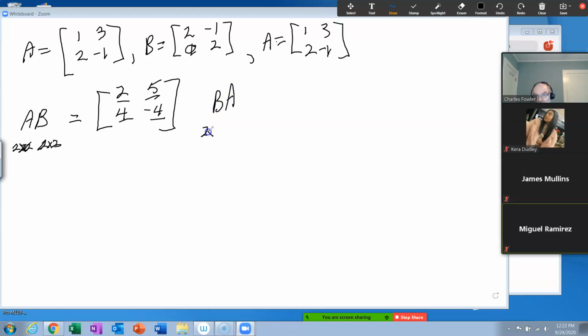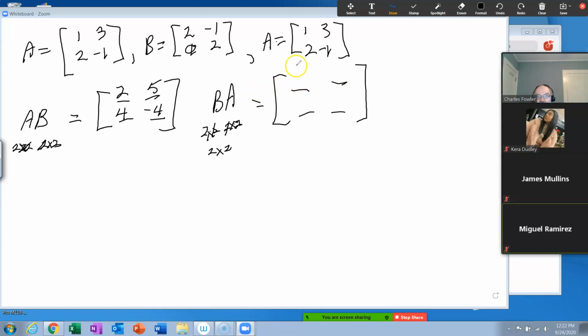B is a 2 by 2, A is a 2 by 2, and sure enough the inners are 2's and your result is going to be a 2 by 2. So this is also going to be a 2 by 2. So the sizes are the same. In this case, I say that emphatically for a reason. We'll come back to that in a minute.